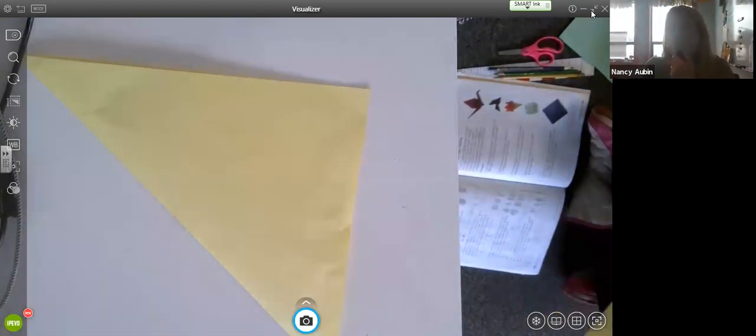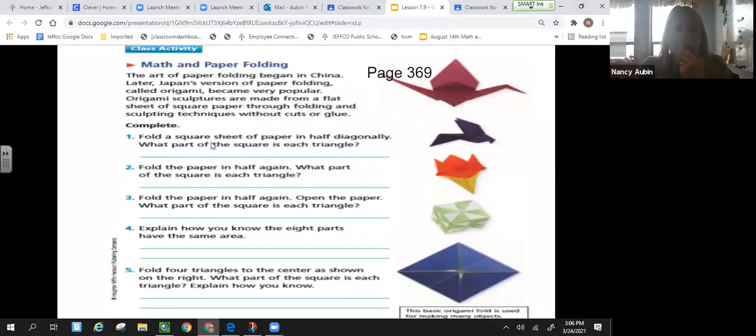All right, now we have to do the math to go with this. If I'm folding it in half diagonally, what part of the square is each triangle? Bird, what do you think? Once you hold it up like Ben is doing, each triangle is what part of the square?